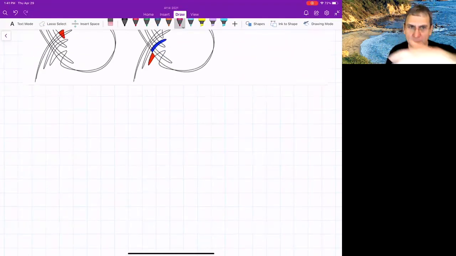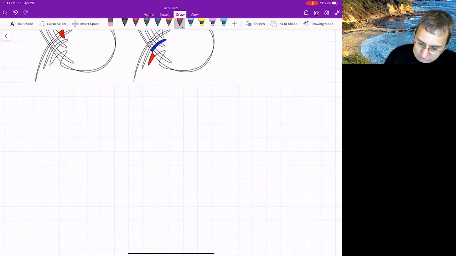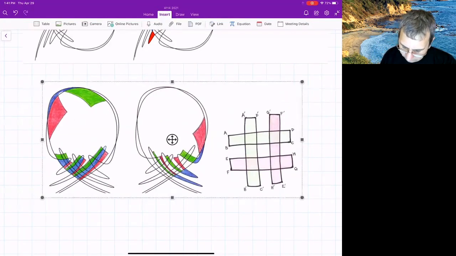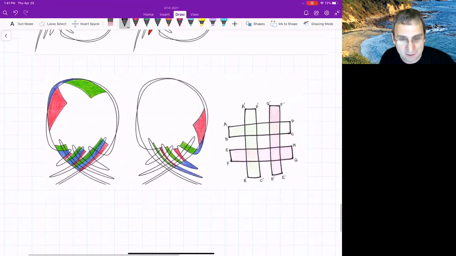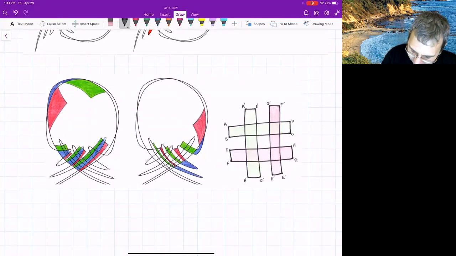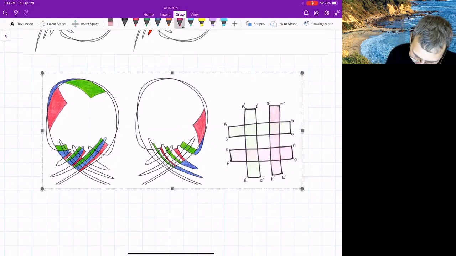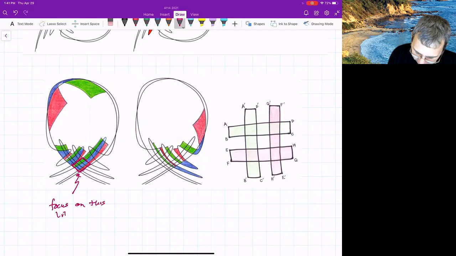Here's the picture, and I'm going to reorient it because it'll make it easier to deal with. Okay, so we've reoriented, and you can see this was done with colored pencils, some dedication. We're just focusing on what's happening in a little square right there.